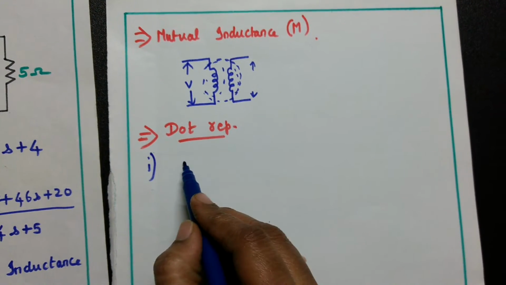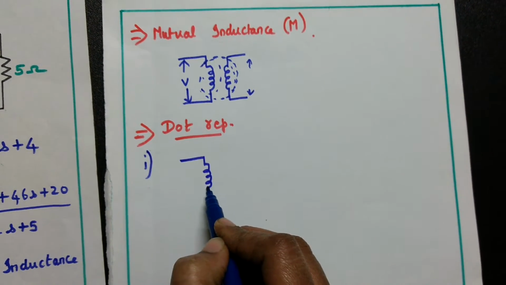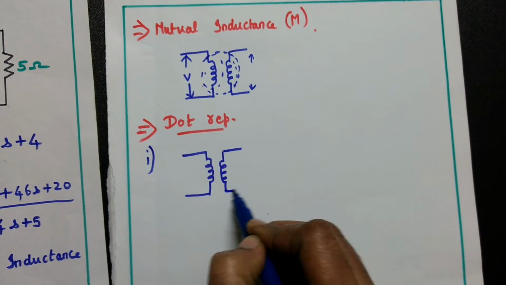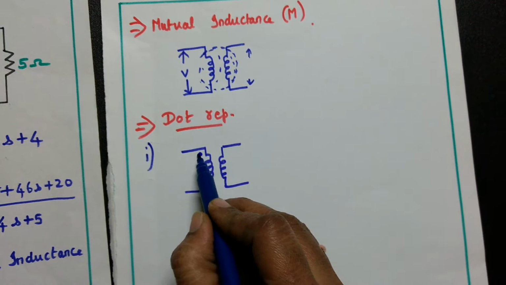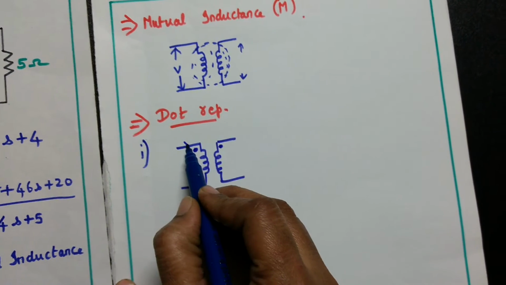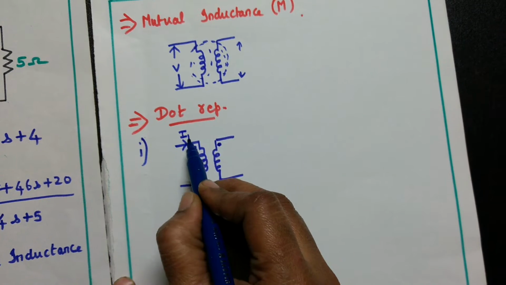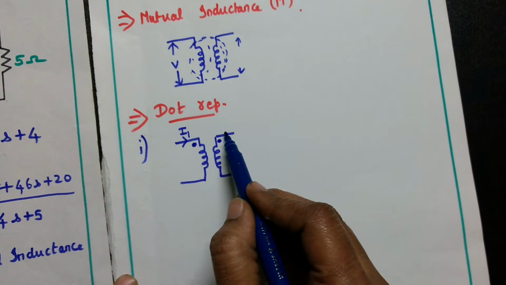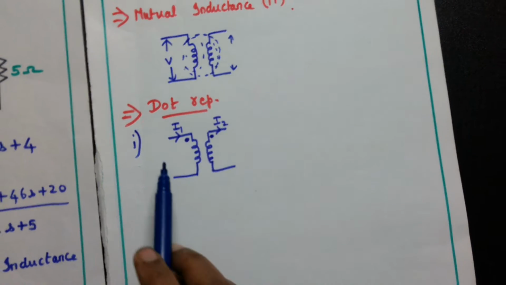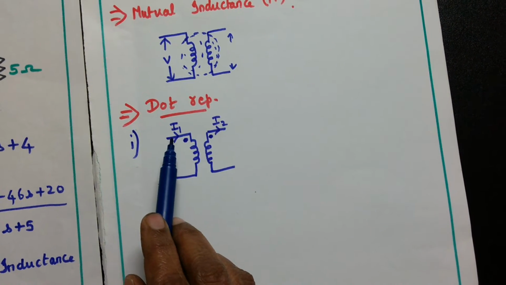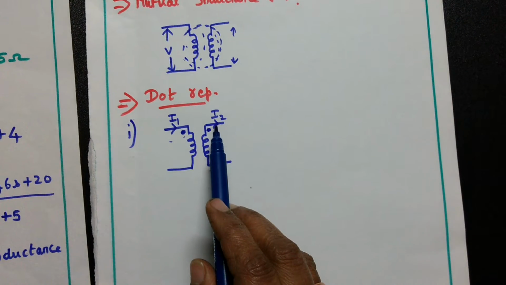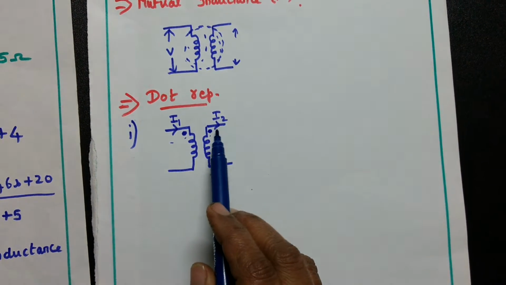Let me consider two coils placed close to each other, with dots marked. I1 is the current at the primary side and I2 is the current at the secondary side. I1 is entering at the dotted end in the first coil, and I2 is leaving from the dotted end in the second coil.